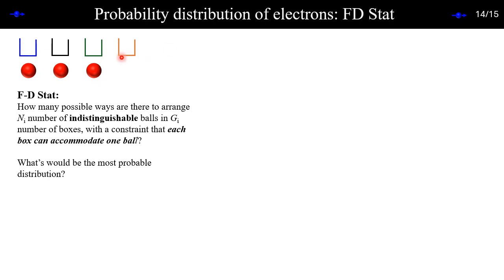We have 4 boxes, G_i number of boxes, and 3 identical balls, all red, meaning indistinguishable, like electrons. How many combinations, or possible ways, can you arrange them?